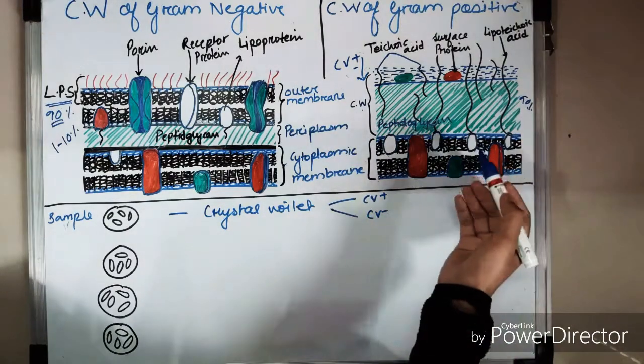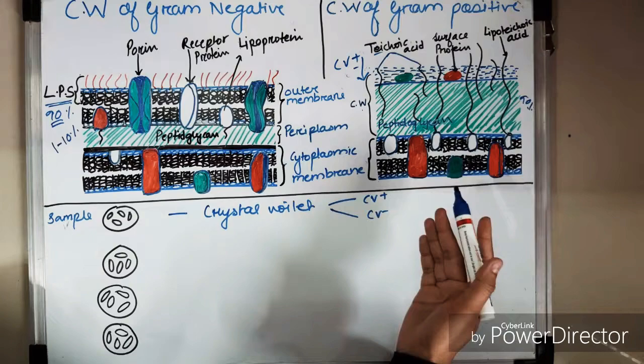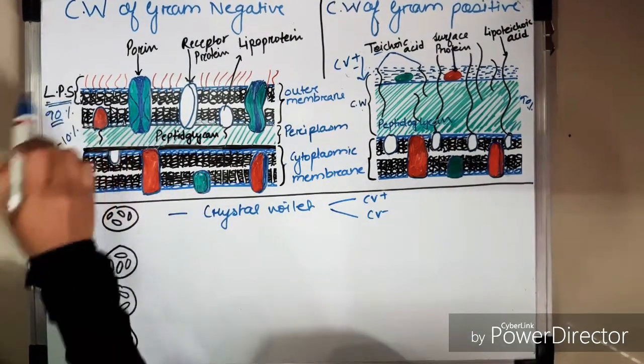The negatively charged compound in gram-positive bacteria is teichoic acid, whereas in gram-negative bacteria it is lipopolysaccharide.